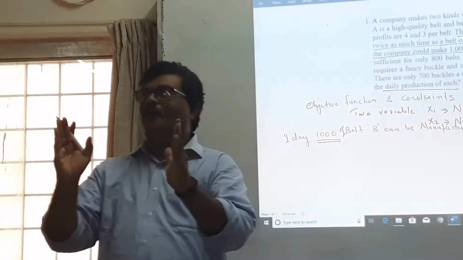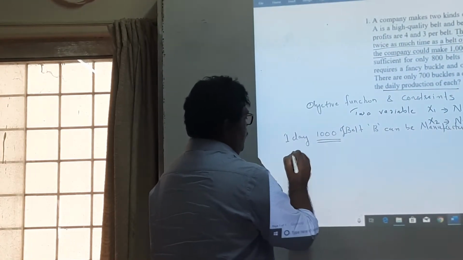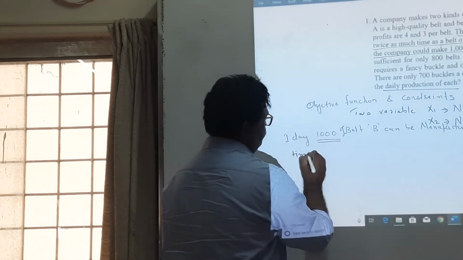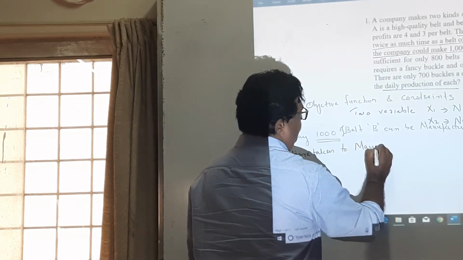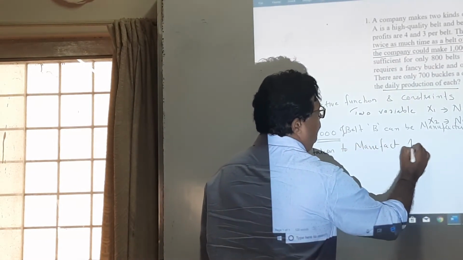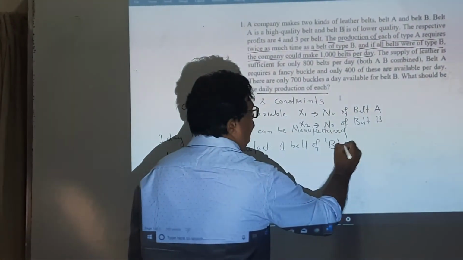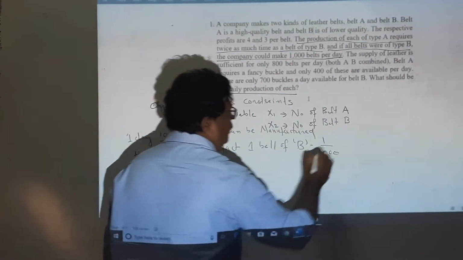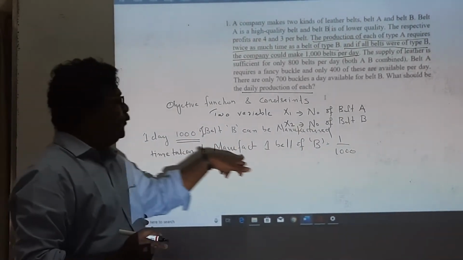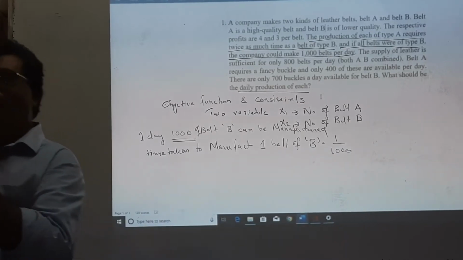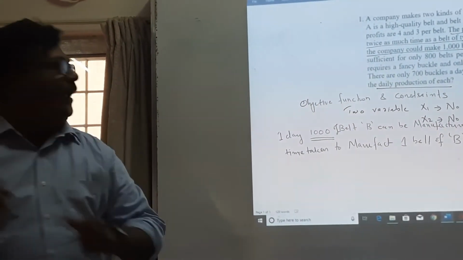Correct? So we have been given 1 day of belts. So the time taken to manufacture one belt of type B is equal to 1 by 1000. You understand?